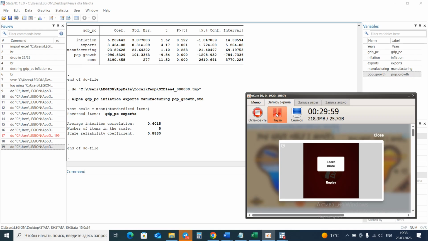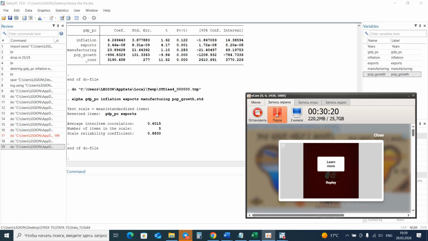We have common values here: 1%, that is 0.01, which means very strict significance. 0.05 is the most common, and 0.1 means less strict.